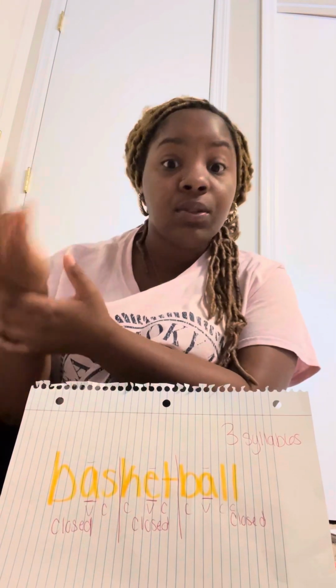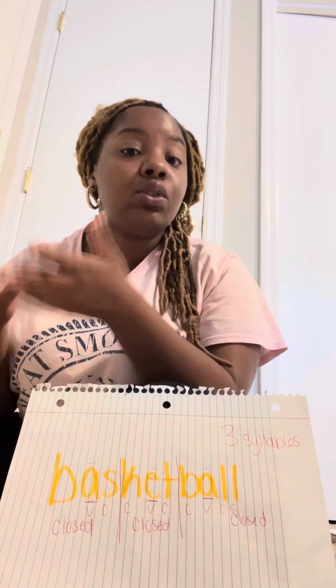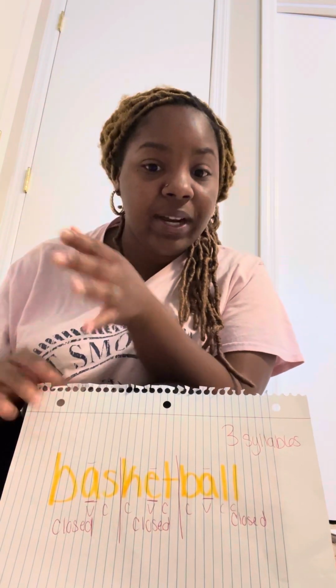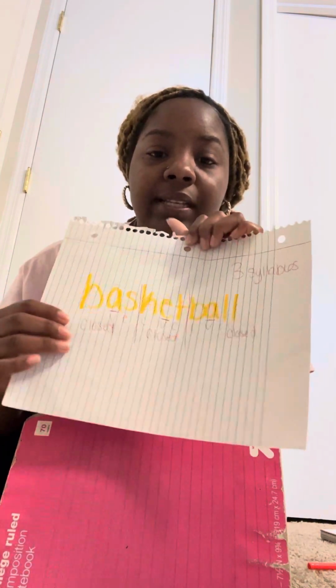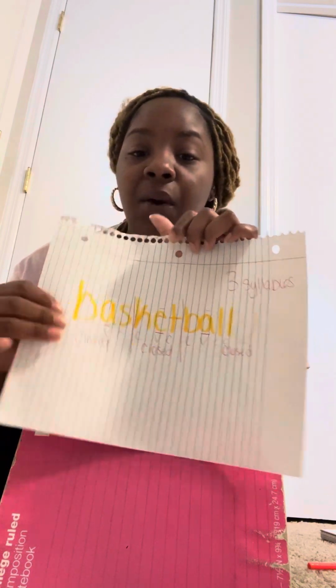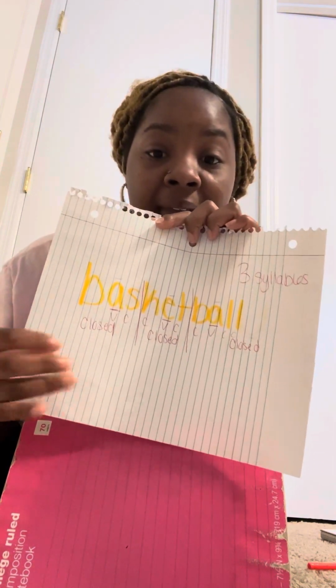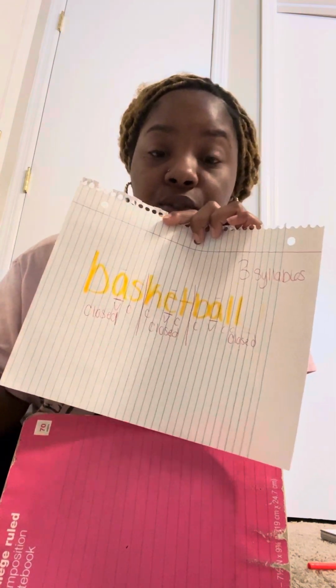3 syllables, 3 vowels. And let's see, do we hear those long vowel sounds or those short vowel sounds? We hear short. And because we hear those short vowel sounds, we automatically know that these are all closed, because bas, closed, surrounded by 2 consonants, short vowel sound.